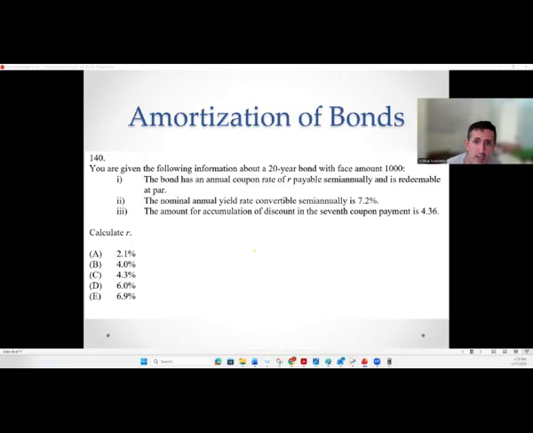The amount for accumulation of discount in the seventh coupon is, so after seven, basically principal repaid at t equals 7 is minus $4.36. Calculate R. So this is really, really quick. It still illustrates the idea. Gotta be careful.